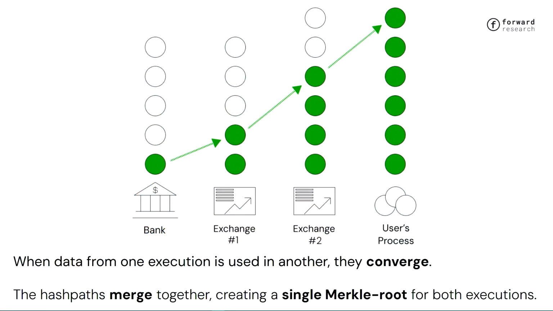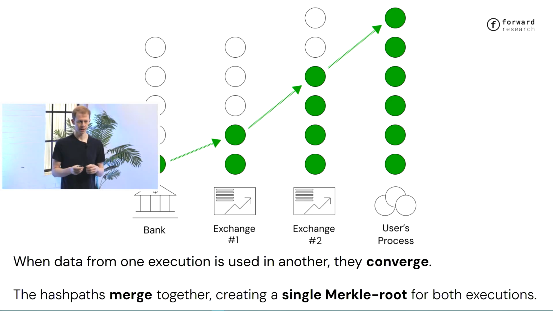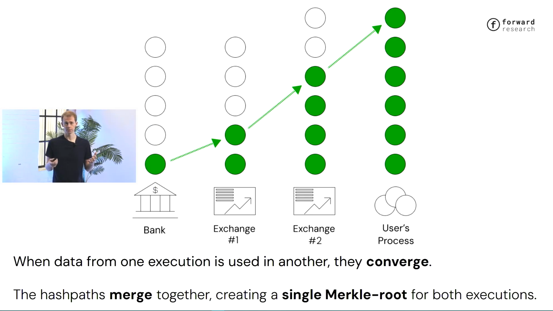And the final point about this that I think is, frankly, I don't think we even quite realize the full implications of what this means. But an interesting observation is that when you have, let's say, a system with 4 actors, so we have the bank, or perhaps it's a token process in AO. We have the exchanges, perhaps they are liquidity pools, and then user processes.